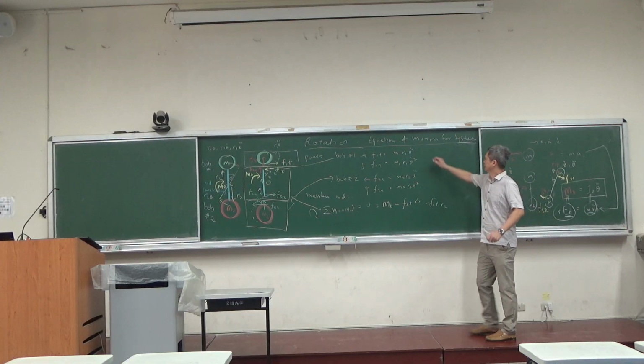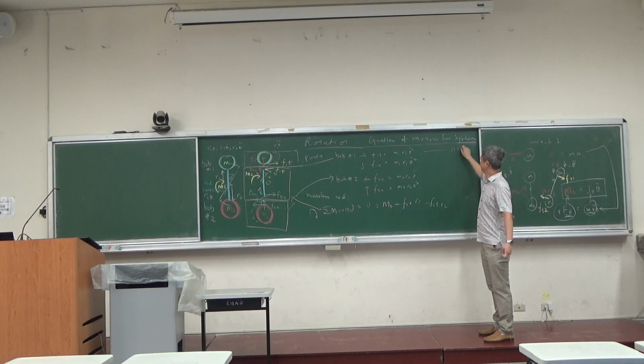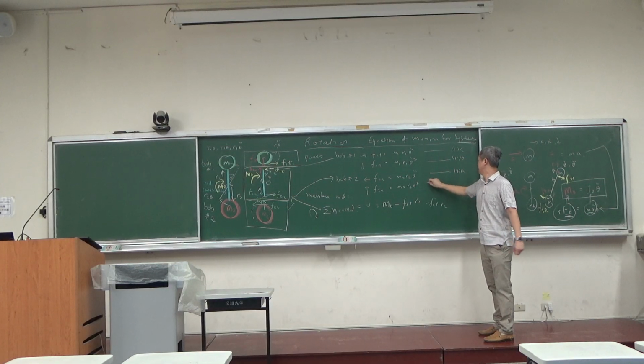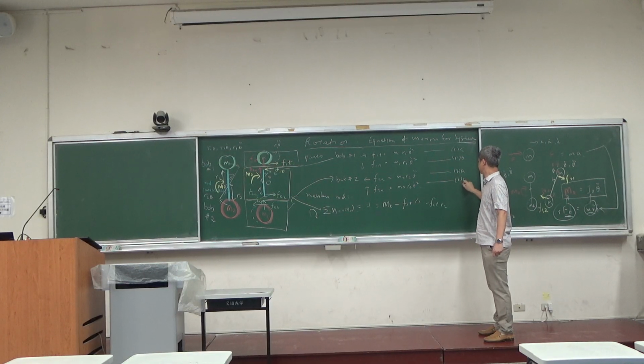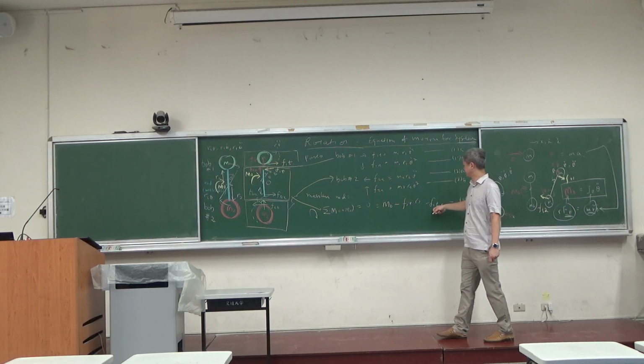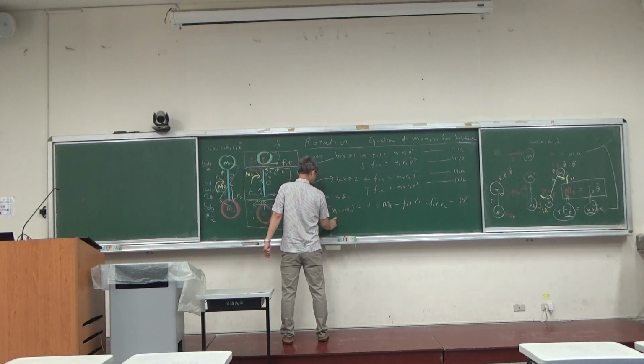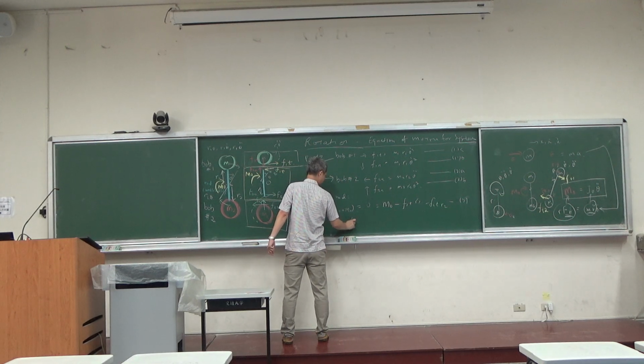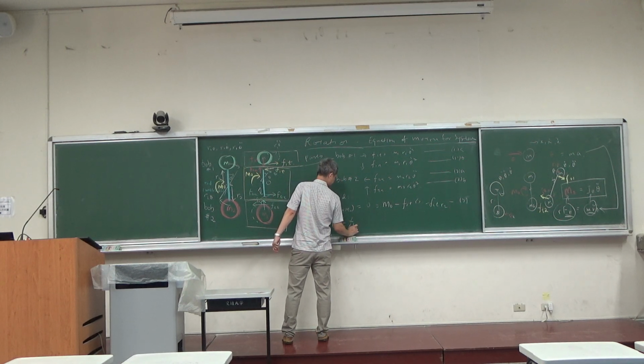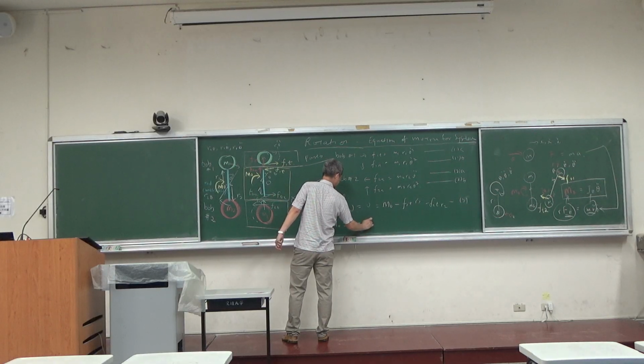Take your equation 1A, 1B, 2A, 2B, and now equation 3. If you now do the substitution, let me write that. M naught is equal to F1T R1 plus F2T R2.